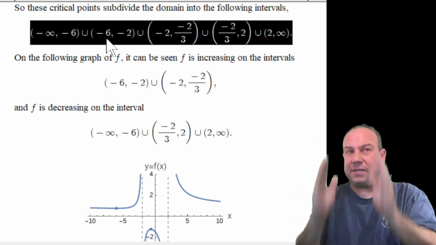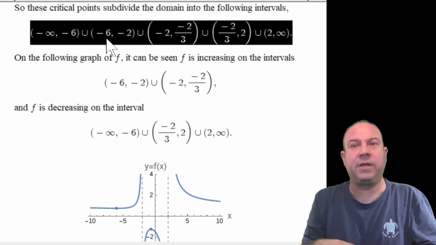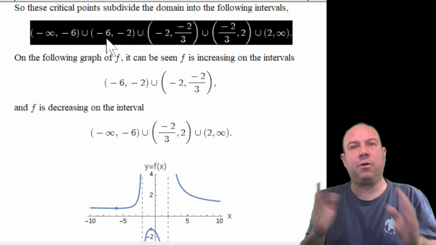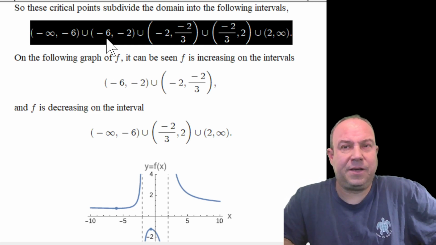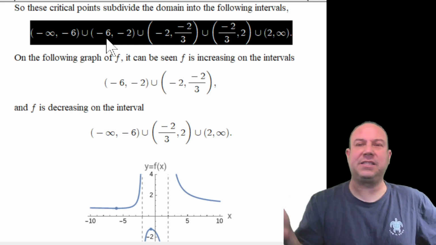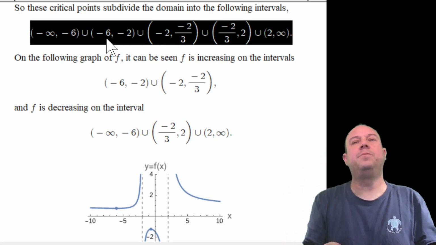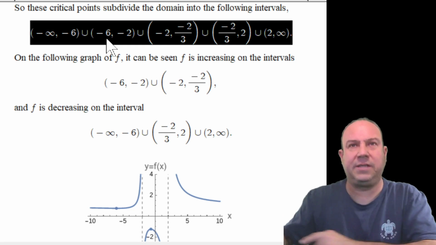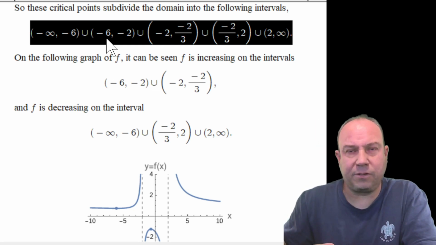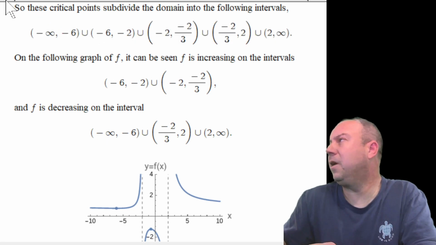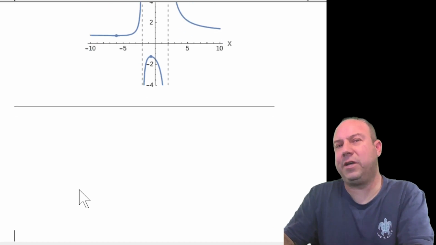The vertical asymptotes are not in our domain, so those are included in our list of critical points, and they do also play the roles of boundaries. And this entire region from negative to +infinity is subdivided by those vertical asymptotes and those critical points at -6 and -2/3. Right? And those become the boundaries on our intervals of increasing and decreasing.